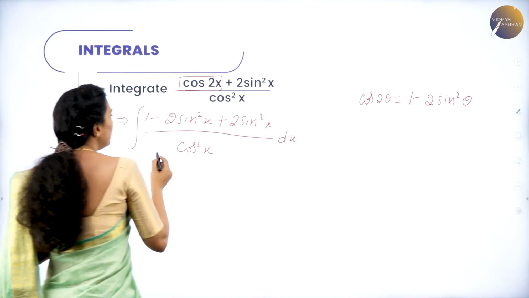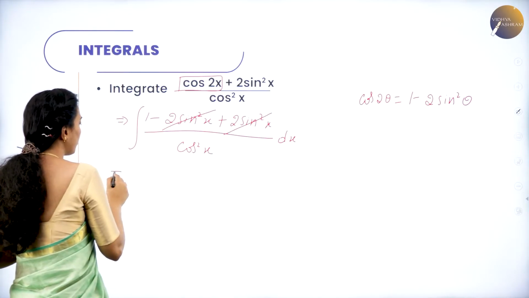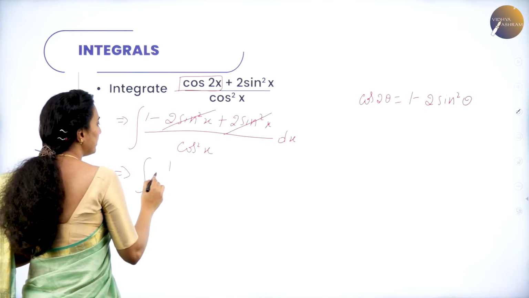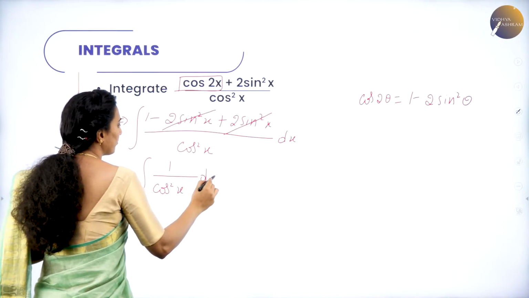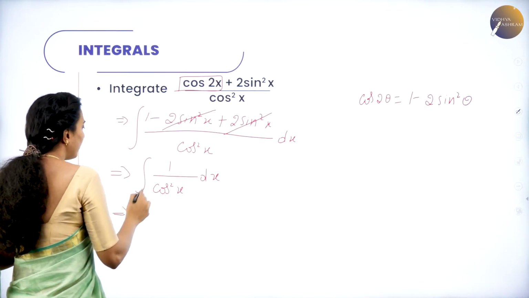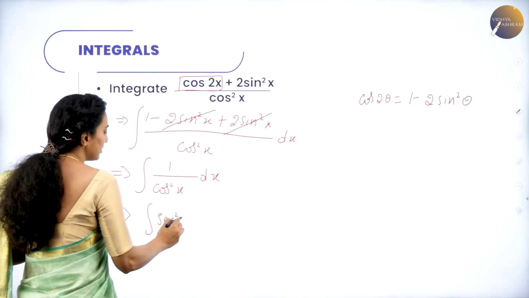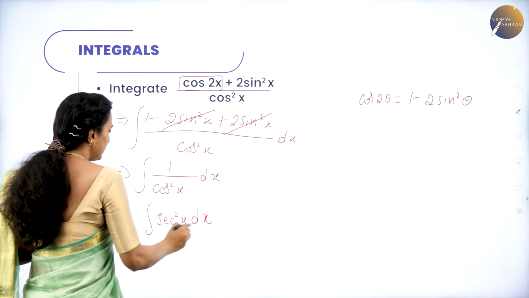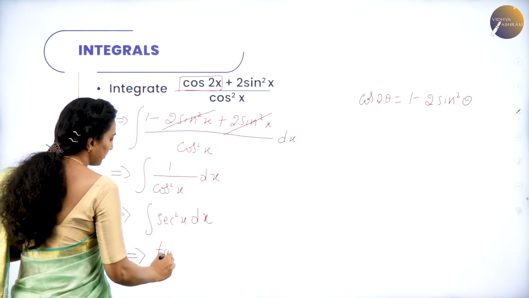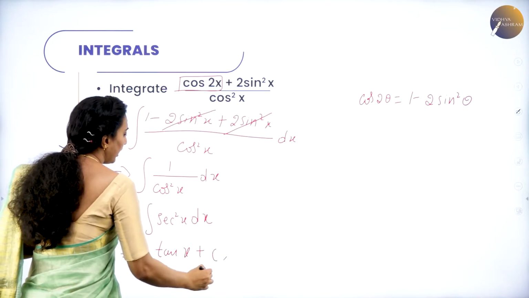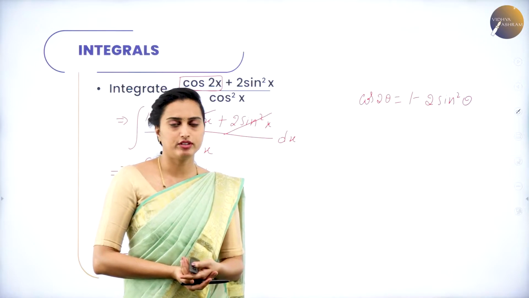Now dears, you can have cancellation of minus 2 sin squared x plus 2 sin squared x, and what remains in the numerator is 1 divided by the denominator cos squared x into dx. 1 by cos squared x into dx is nothing but secant squared x into dx. You know already the integration of secant squared x dx is nothing but tan x plus c.